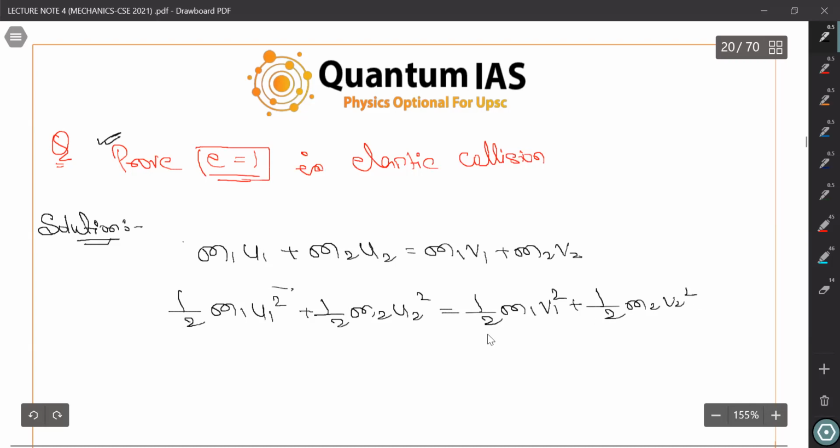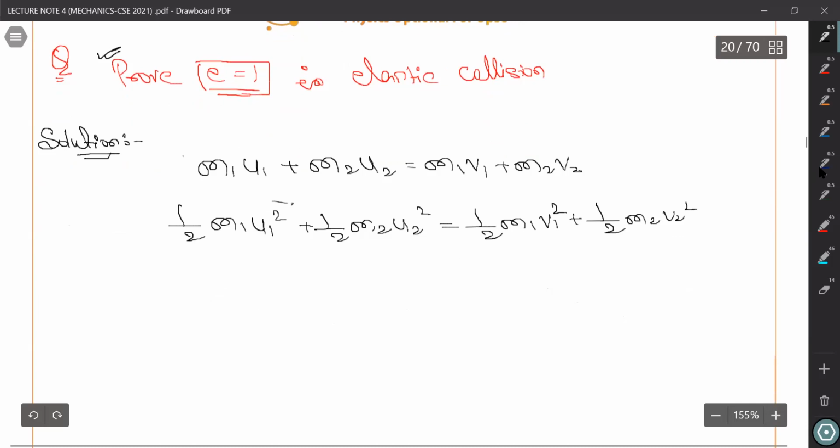Okay, so just rewrite these equations. We can write this equation as m1 (u1 minus v1) is equal to m2 (u2 minus v2).